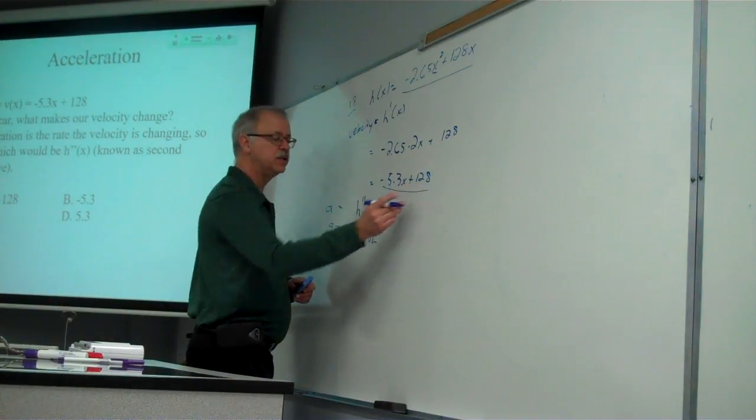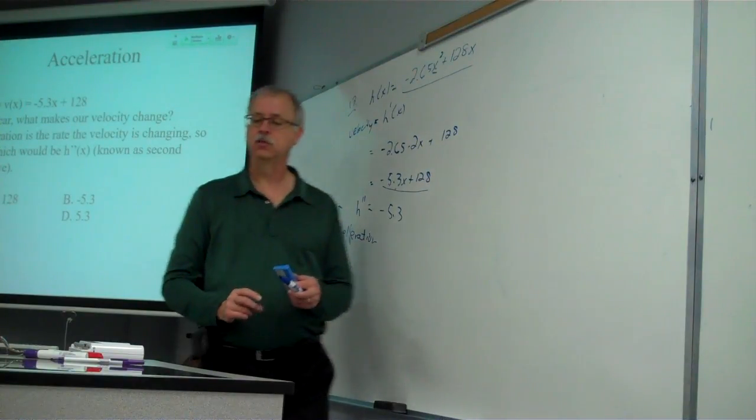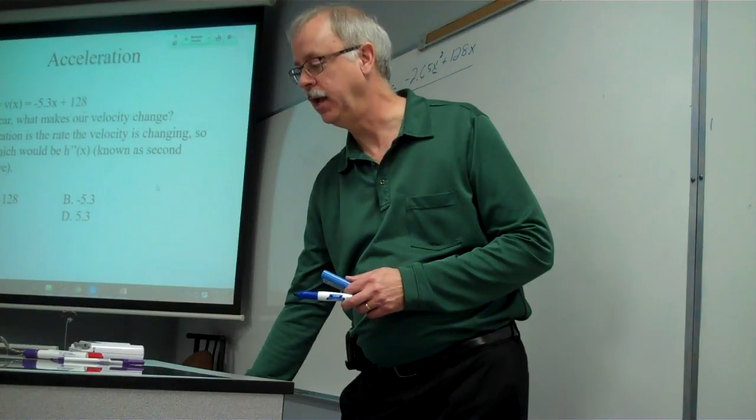So the derivative of this, well, this is just linear. The derivative of a linear function is the slope of the linear function. So our derivative is negative 5.3, which is what most of you said.